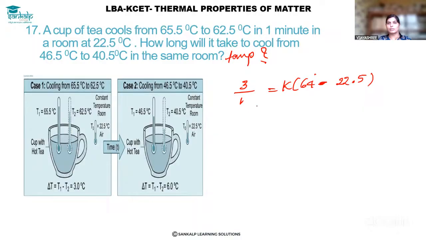So simplify this: K into 64 minus 22.5, which is equal to 41.5 degrees Celsius. Right?